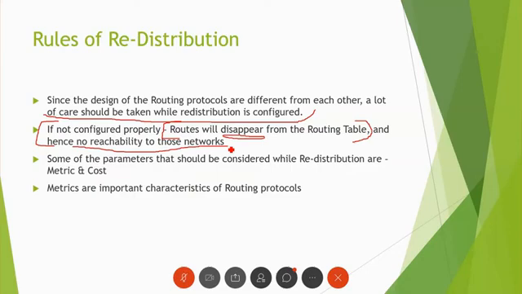Some of the parameters that should be considered while configuring redistribution are called metric and cost. These are the parameters available for dynamic routing protocols, and they are important to take care of while configuring the redistribution.